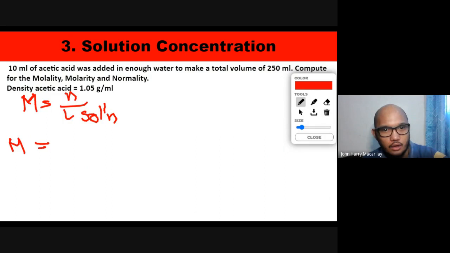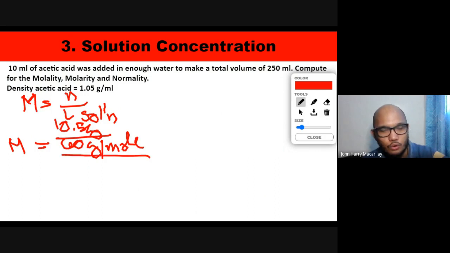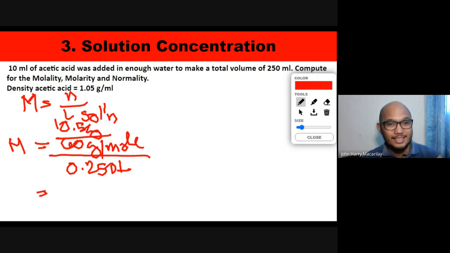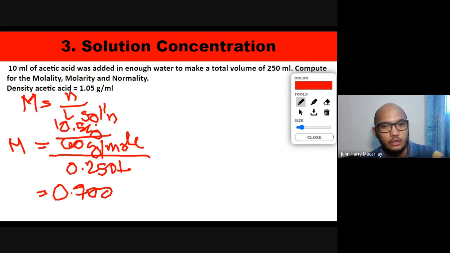So M equals 10.5 grams divided by 60 grams per mole over 0.250 liters. The answer, 10.5 divided by 60 divided by 0.250, is 0.700. Cancel the unit of grams, so moles per liter, or M, or molar.